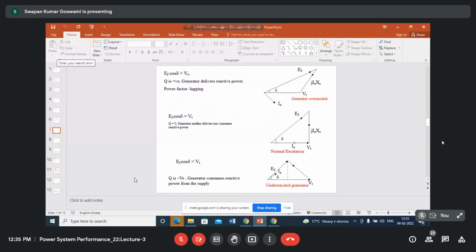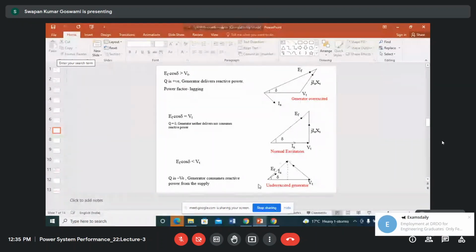No doubt it is delivering active power, but it is consuming reactive power. So note that overexcited synchronous generator will be delivering reactive power. Normally excited synchronous generator will neither deliver nor consume reactive power, and under-excited synchronous generator will be consuming reactive power.